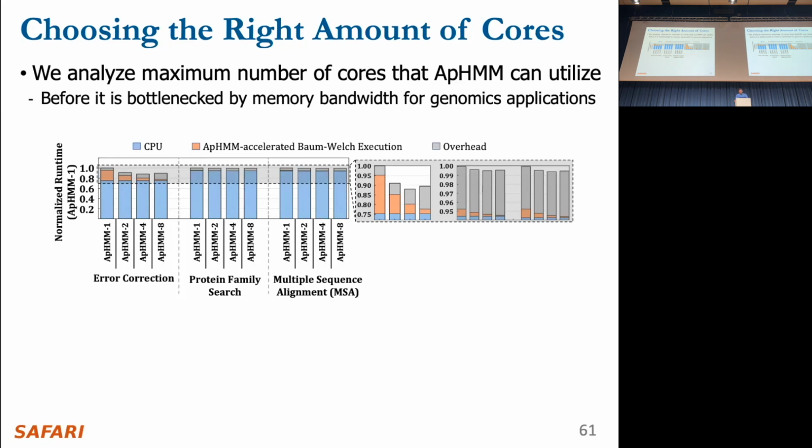So I guess that's a good question, but relatively hard to answer. In our case, at least for the applications that we looked at, what we saw is that the computation was really the issue over here. So that's why we focused on the ASIC implementation. But we also did an analysis of how many accelerators of ApHMM we can use without being bottlenecked by the data. And what we see is that there's a limit to it.